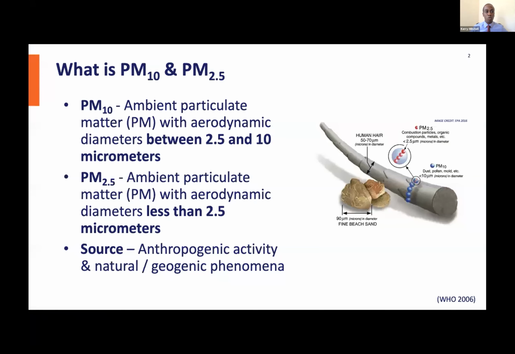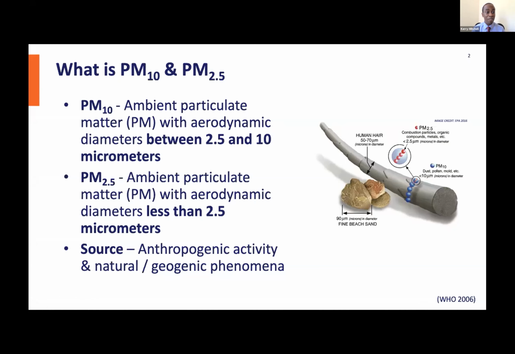So the first question is, what is particulate matter? And specifically, you would hear the designations PM10 and PM2.5. Well, PM10 is ambient particulate matter with a diameter between 2.5 and 10 micrometers. Now I'm showing my hand, but actually it's a lot smaller than this. If you look at the image on the screen, you can see that the strand of hair is orders of magnitude greater than the size of any one of these two types of particulate matter classifications.